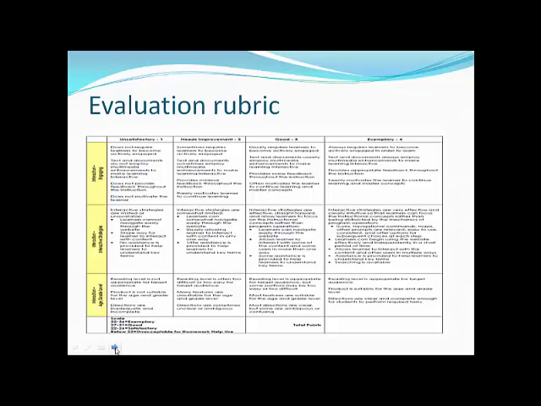When you look at these criteria, if the website gets 32 to 36, that is exemplary. If it gets 27 to 31, that is good. If it gets 22 to 26, that is satisfactory. If it gets below 22, that means it still needs improvement and is unacceptable.